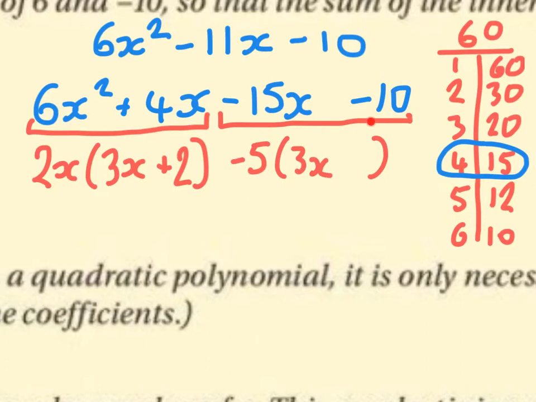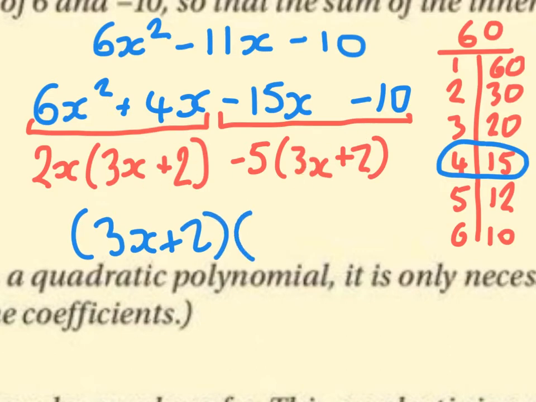And minus 5 into minus 10 is going to give me 2. And I notice that what's inside my brackets matches. So one of my factors is going to be 3x plus 2, because that's inside both of my brackets. And my other factor is going to be what's left over, which is 2x minus 5.